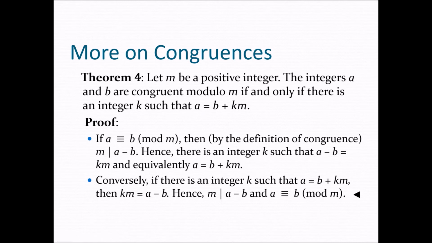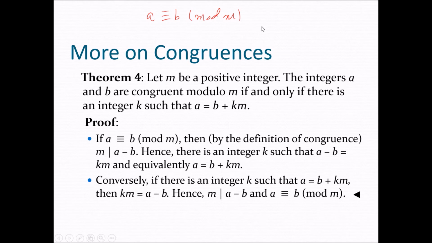First of all, let's assume what is given, that a is congruent to b mod m. We have to prove that this is an if and only if case, so we need to prove p implies q and q implies p both. First we assume that a is congruent to b modulo m, and we'll prove that there is an integer k such that a is equal to b plus km.